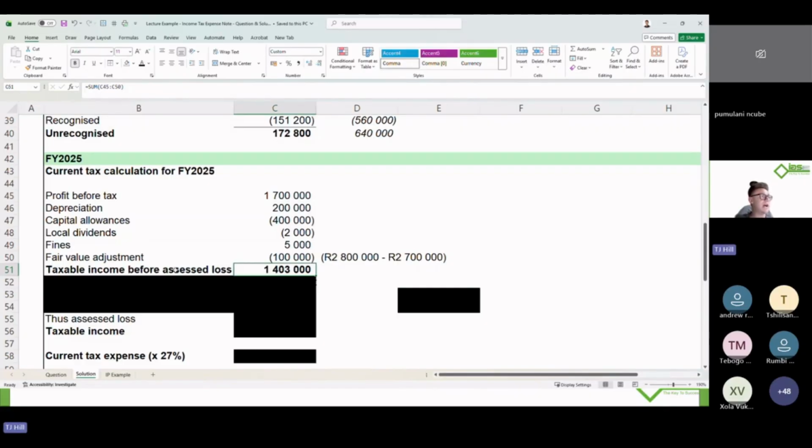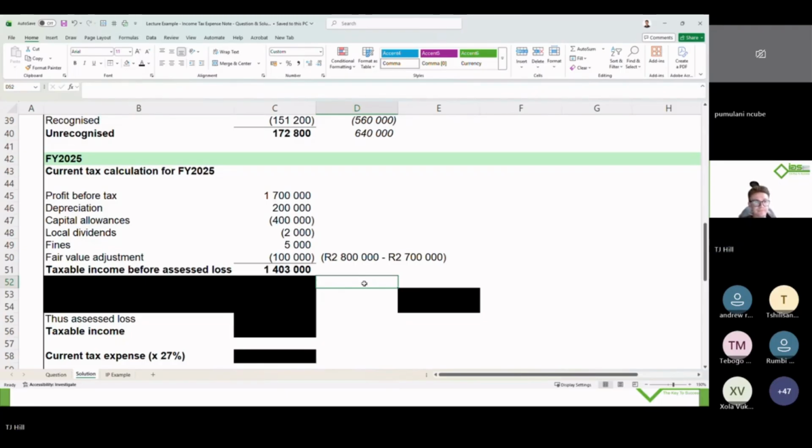Now I want to consider my assessed loss. Can I deduct it or not? What does section 20 tell me? Section 20 for a company says the balance of assessed loss you've brought forward from last year can be deducted from the taxable income, but it's limited to the higher of 80% of the taxable income before and 1 million.